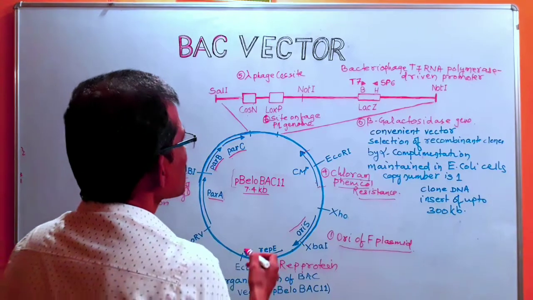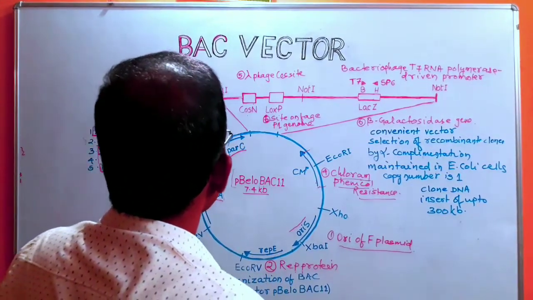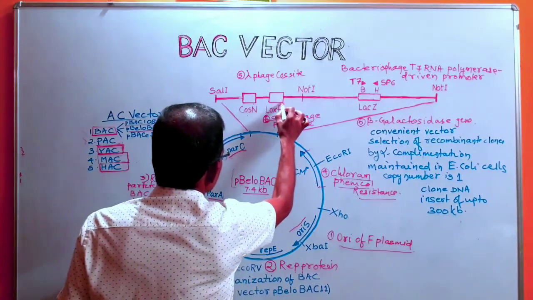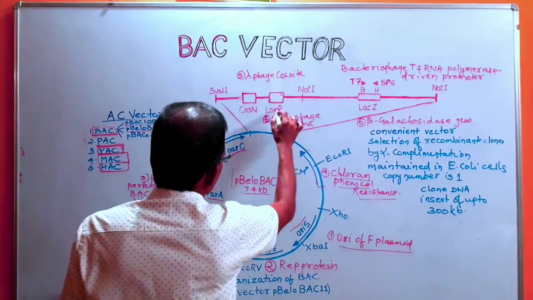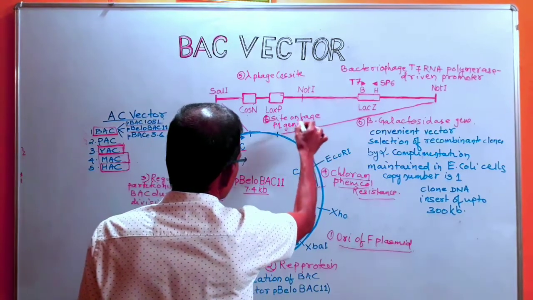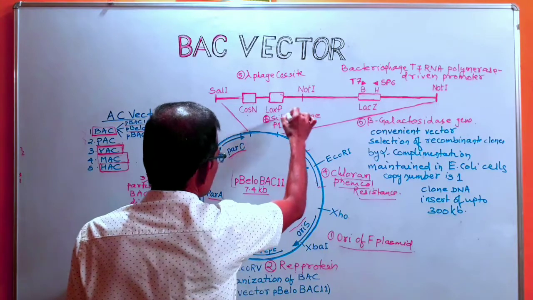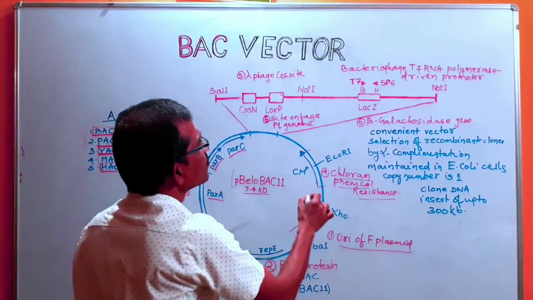Next, the sixth functional module is loxP. This is known as loxP. This functional module is the site that is usually present on phage P1 genome.